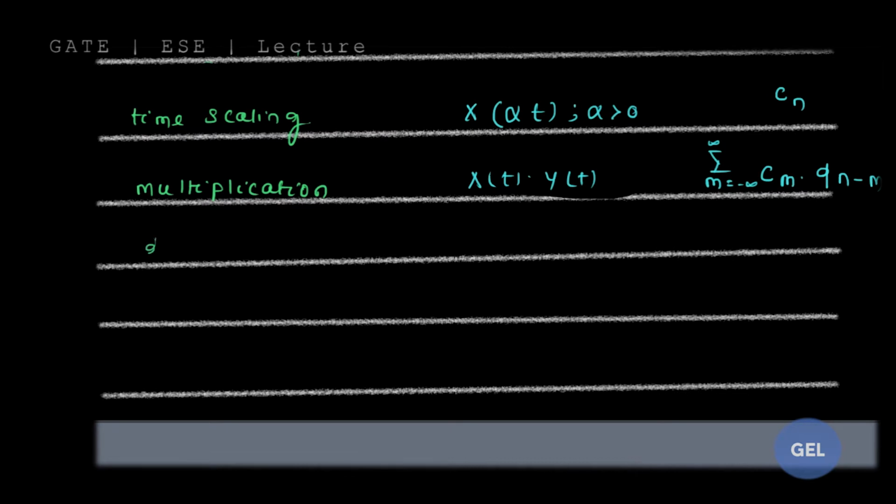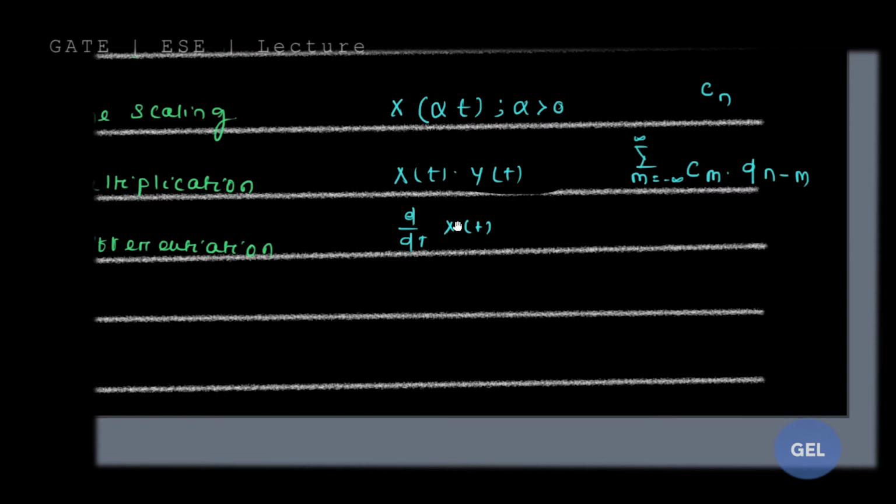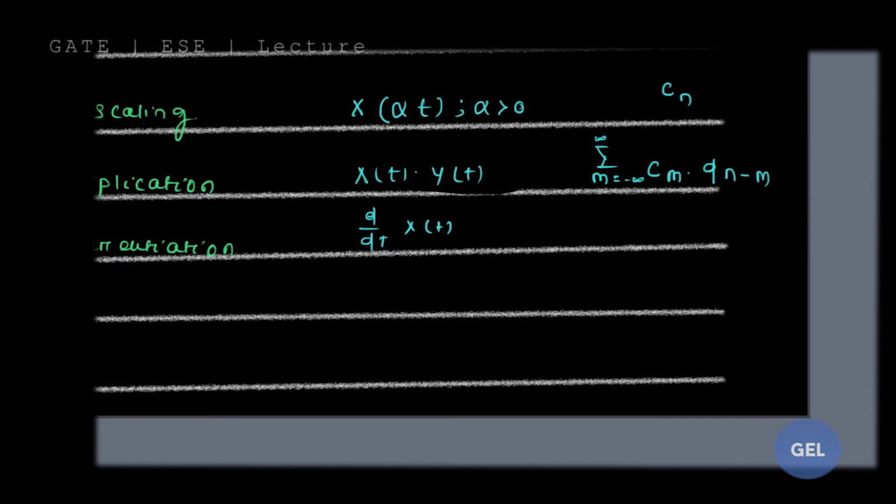Now if you do the differentiation, d by dt of x of t, if you are taking the differentiation of the periodic continuous time signal in the Fourier series, then the Fourier coefficient Cn will be multiplied by j n omega naught.